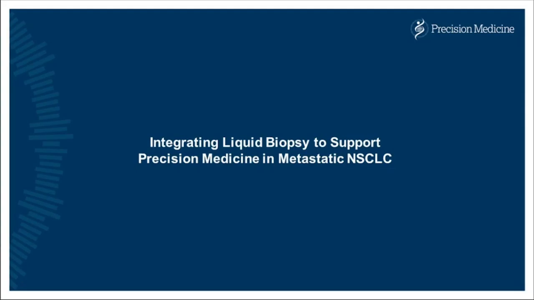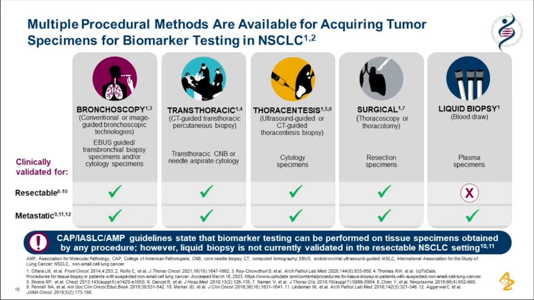So, integrating liquid biopsy to support precision medicine in metastatic non-small cell lung cancer. There are multiple procedural methods available for acquiring tissue. We have bronchoscopy, transthoracic, thoracentesis, surgical, either a thoracoscopy or thoracotomy, and then we have liquid biopsy.